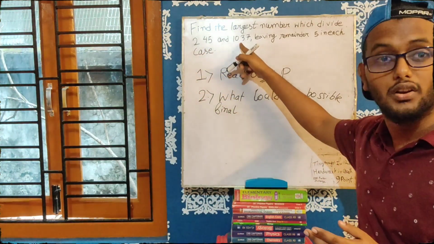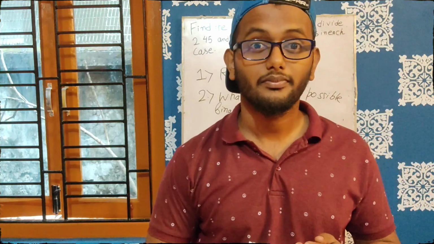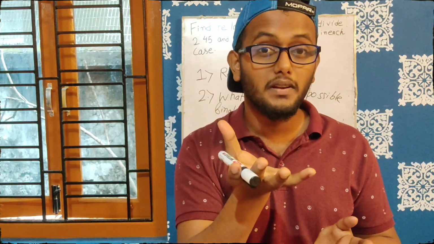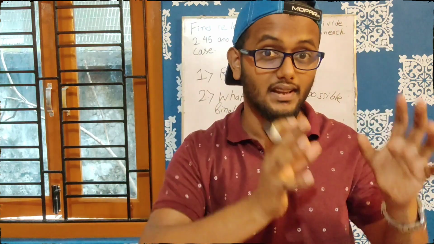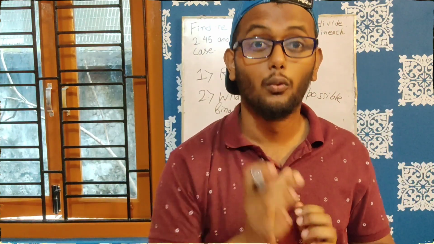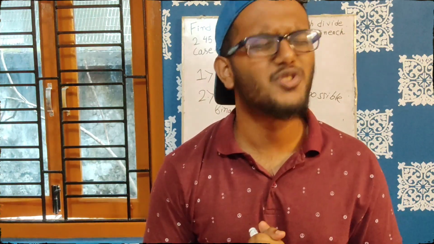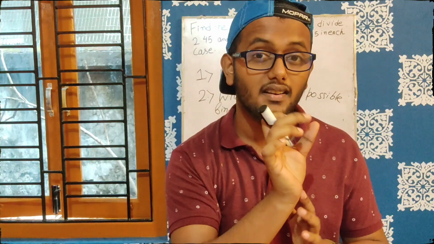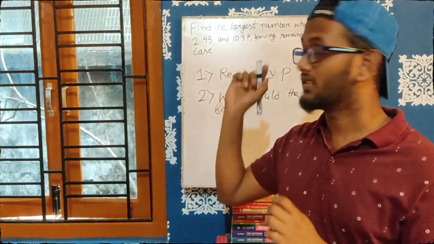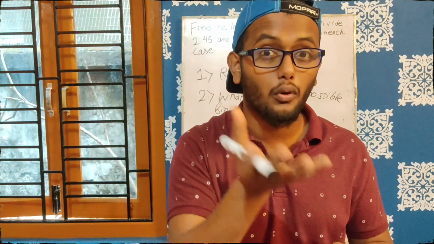That means the final answer could be smaller than or equal to the given numbers. In HCF, the highest common factor, factors mean the smaller number, and here the final answer is getting smaller.